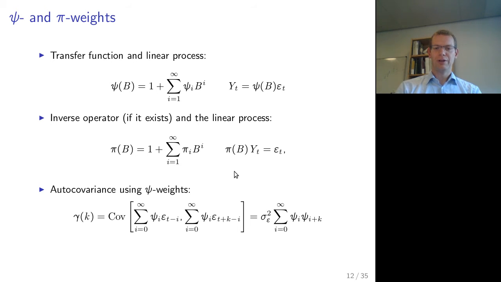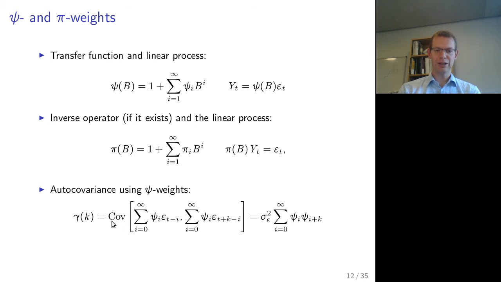Now, this is one of the things that is easy to see if you do it on a blackboard, but let's just try to do it from here. If you use the autocovariance and you want to calculate that using psi weights, we have the system written in this form. It's an infinite sum of weighted previous epsilons.